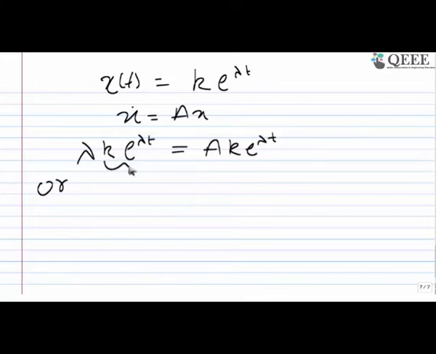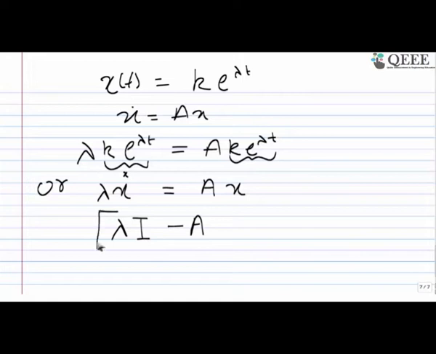Basically this one is your x, right? Lambda x equals A x, and finally you could write (lambda I minus A) x equals 0, where I is an identity matrix of the same order as A. Now you have the polynomial.